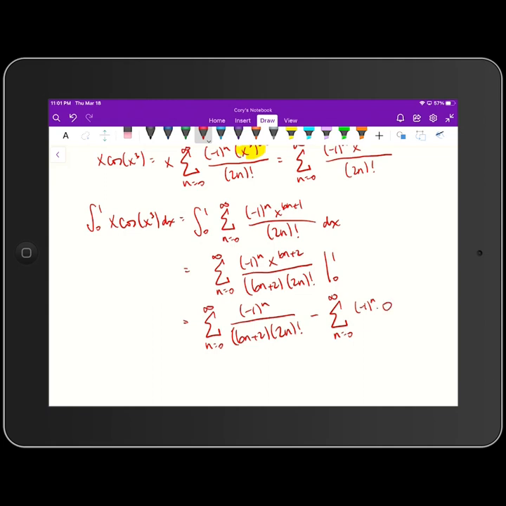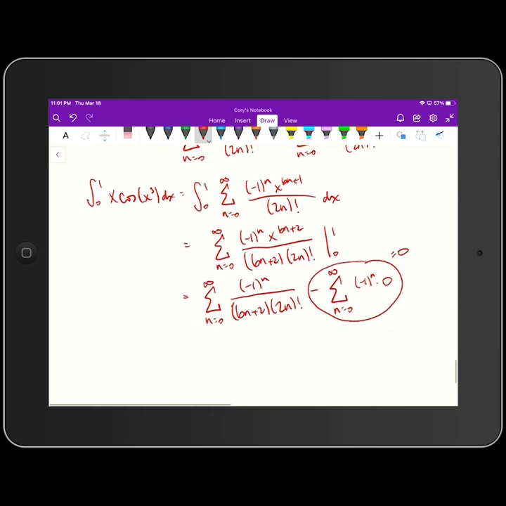That's going to be 0, which makes this whole thing become 0. Which means that I can rewrite that integral just as the sum from 0 to infinity of negative 1 raised to the n power over the quantity 6n plus 2 times 2n quantity factorial.